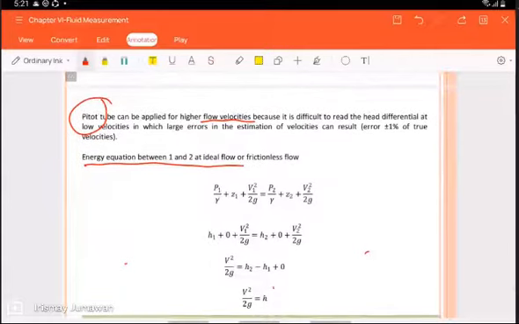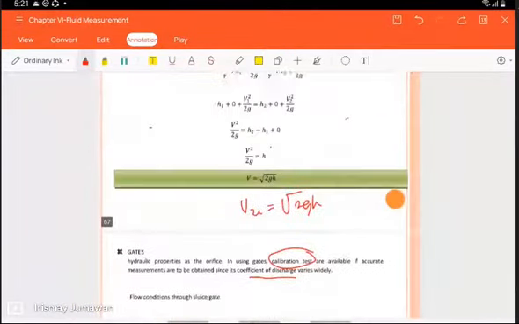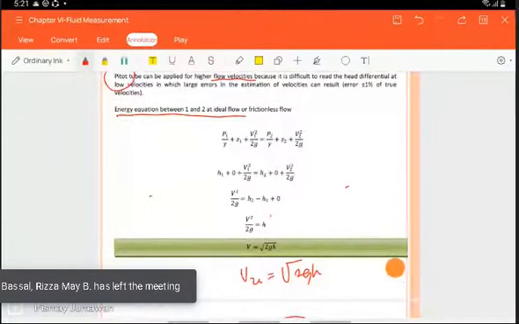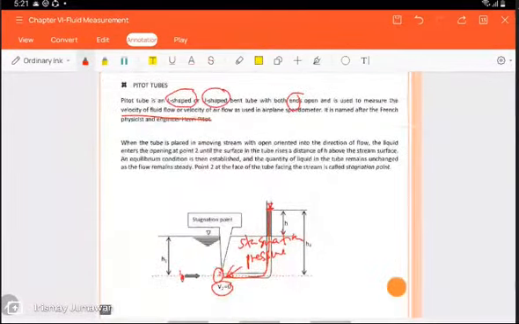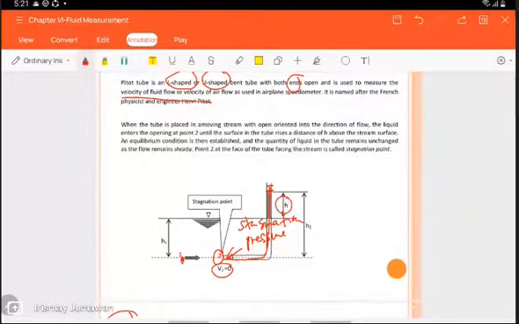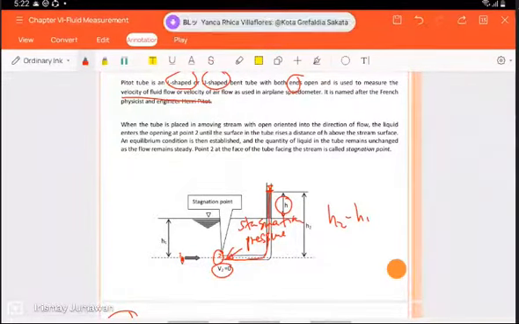Again, using Bernoulli's equation and neglecting the loss, what we can get is only this formula: V is equal to the square root of 2gH. H is the difference between the water surface and that point. So this is the value of your H, the difference of H2 minus H1. H1 is the pressure at the location of the fluid particle, measured from the water surface.